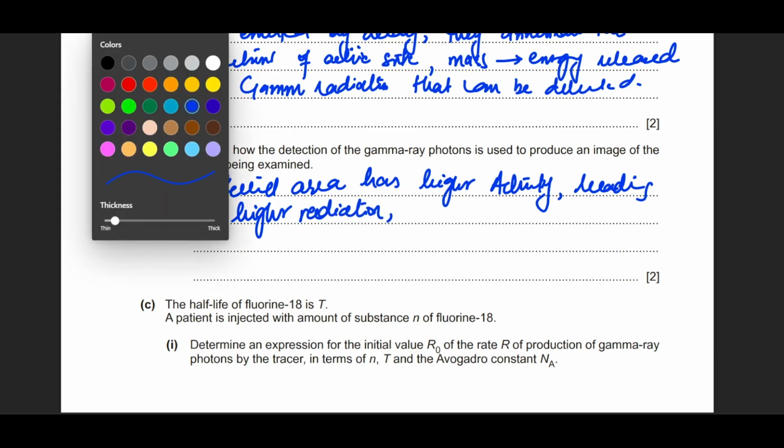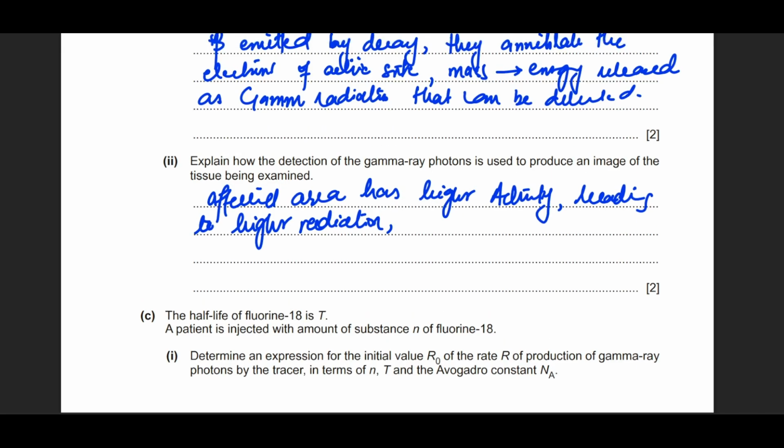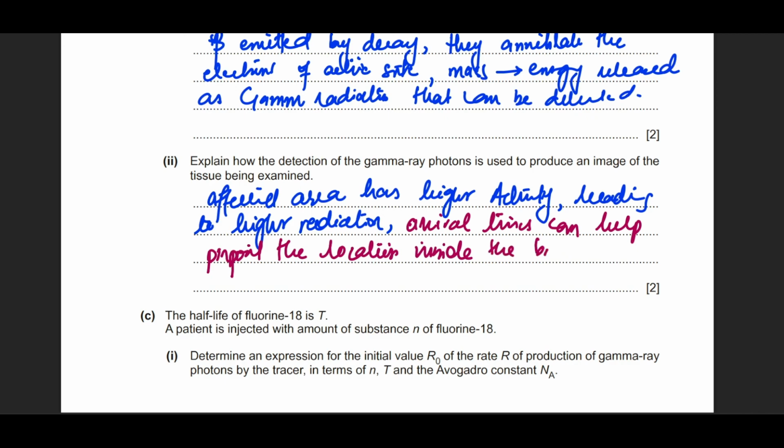That's why it will light up in the detector as being very radioactive, right? And the arrival times, meaning how quickly or how late they come to the detector, can help pinpoint the location inside the body.